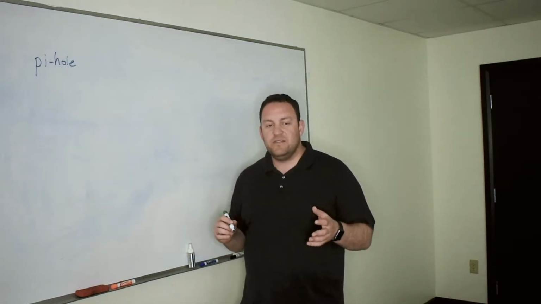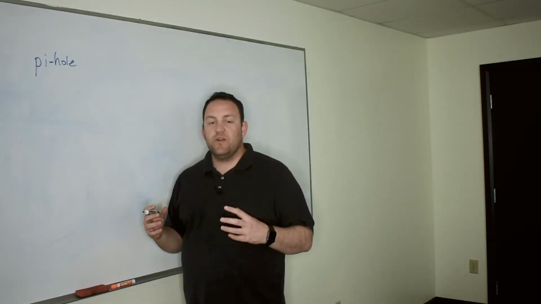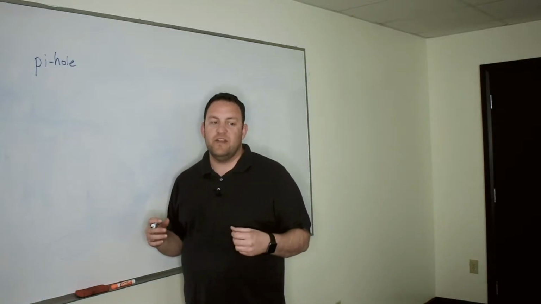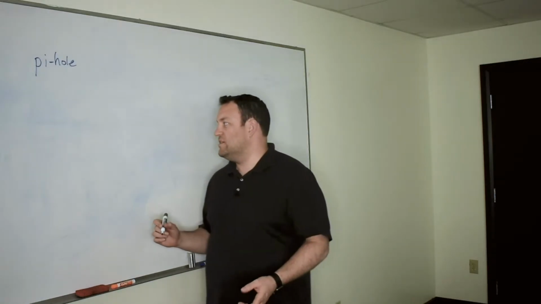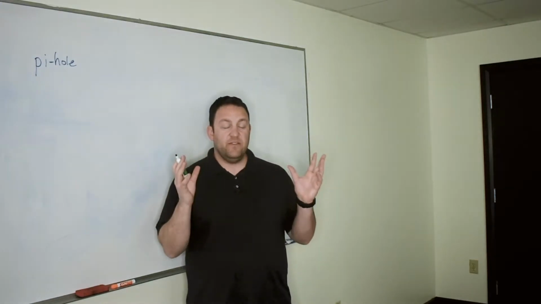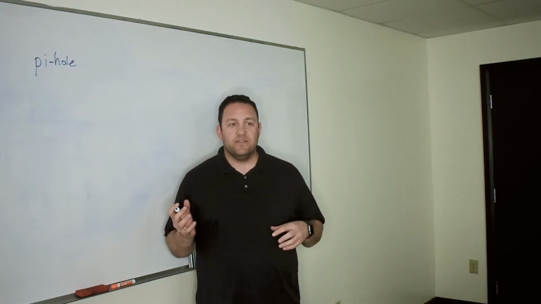DHCP is a way of setting up a network so it can automatically add hosts to the network as they join. So let's take your wireless network at home, for example. Picture that in your mind. Your friend comes over and hops onto the wireless network there.